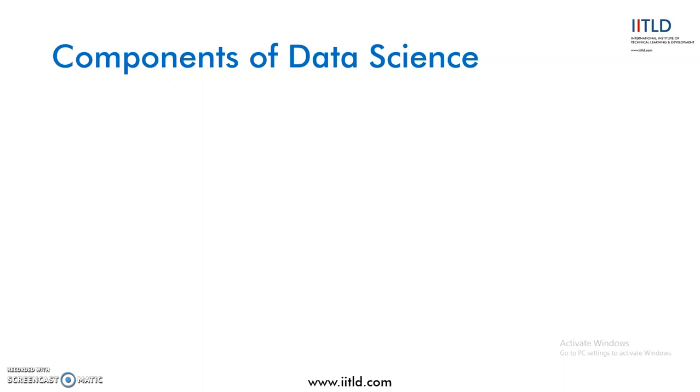One by one, I will tell you, and we will learn a little bit about every component. As you can see in the previous slide, the main important component that you need for data science is statistics. So statistics is the first and most important component of data science.